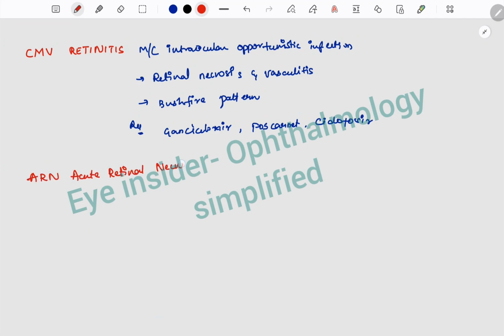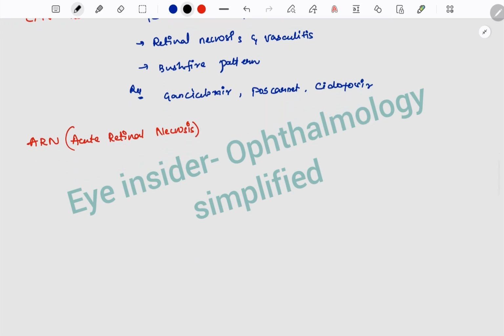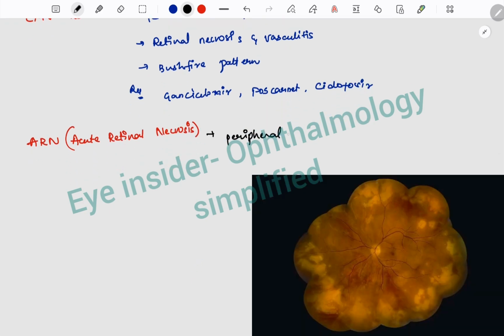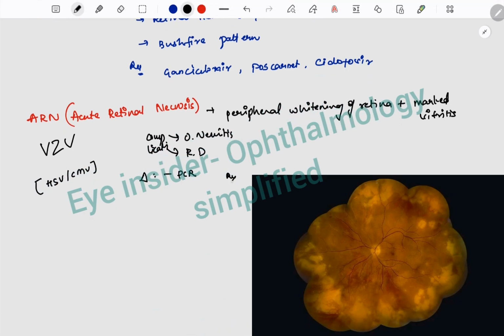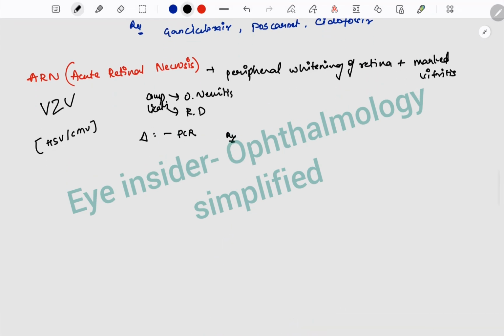We have acute retinal necrosis. This is due to herpes zoster virus. There is peripheral whitening of the retina along with marked vitritis. It can also lead to complications like optic neuritis and retinal detachments. This is due to varicella zoster virus and can also be due to cytomegalovirus, and the treatment is very difficult.